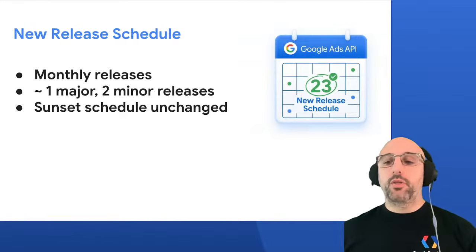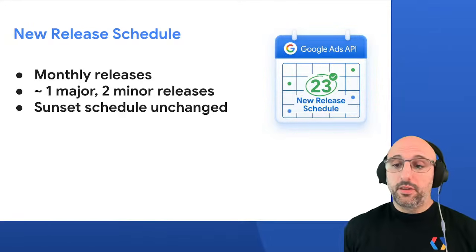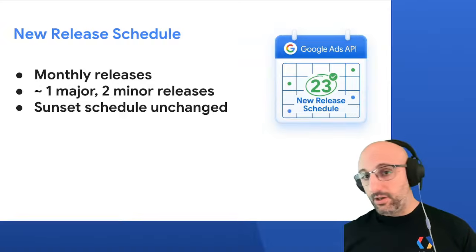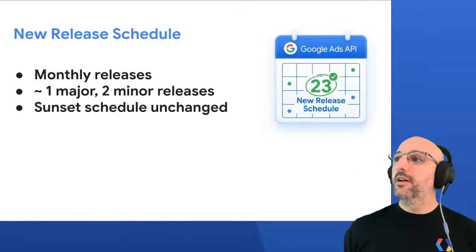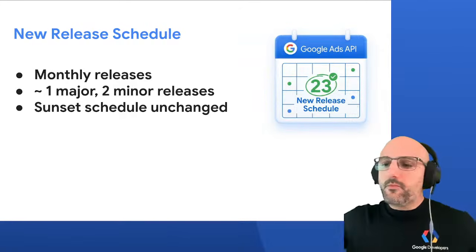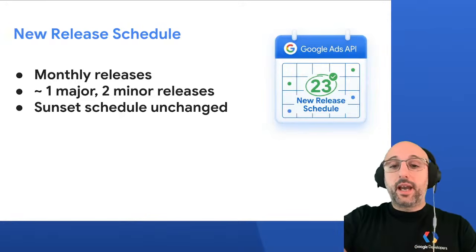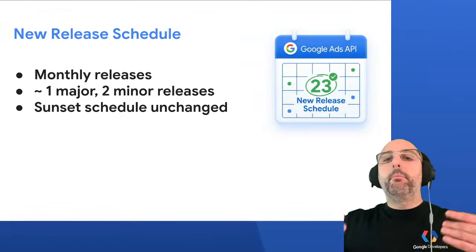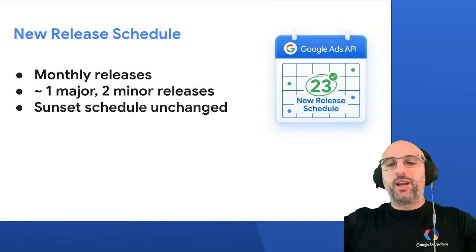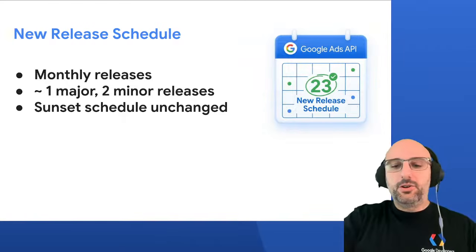V23, which just came out last month, is due for sunset next year in February 2027. And this means that you are getting new features more frequently, but you're not required to upgrade more frequently. You're just getting new features more frequently.